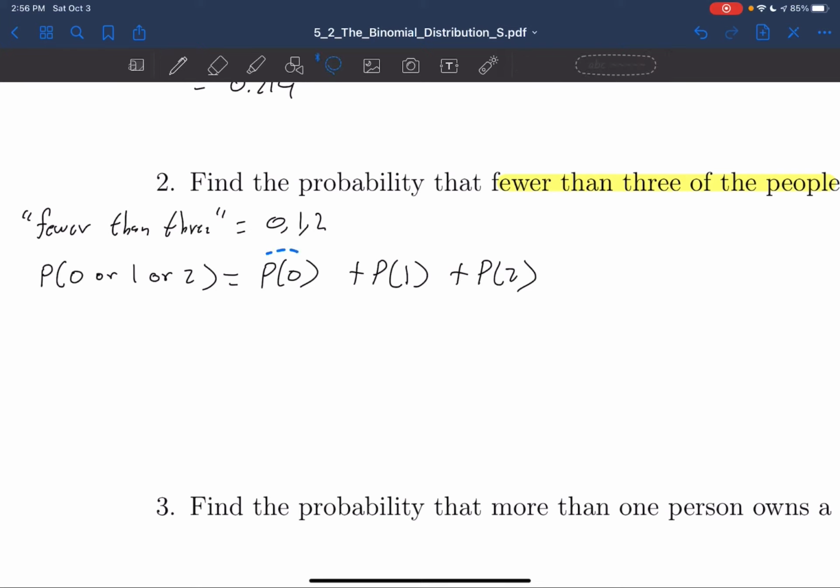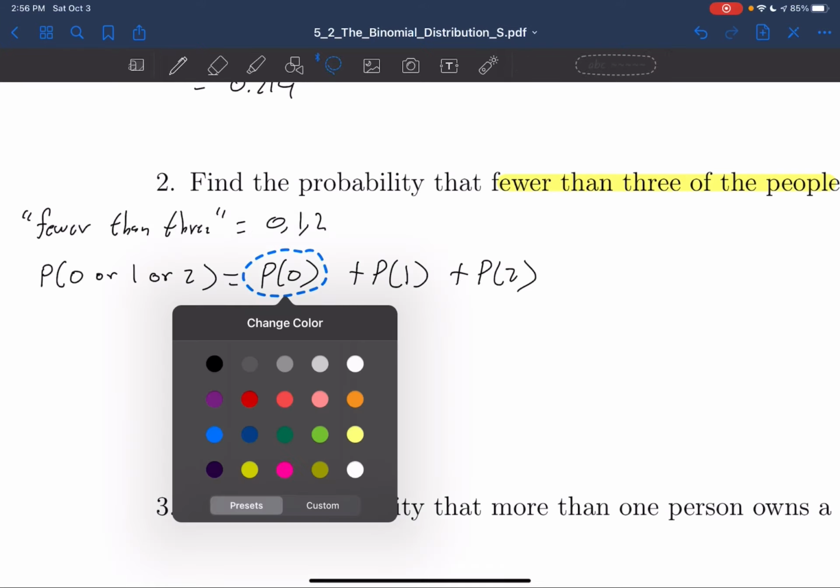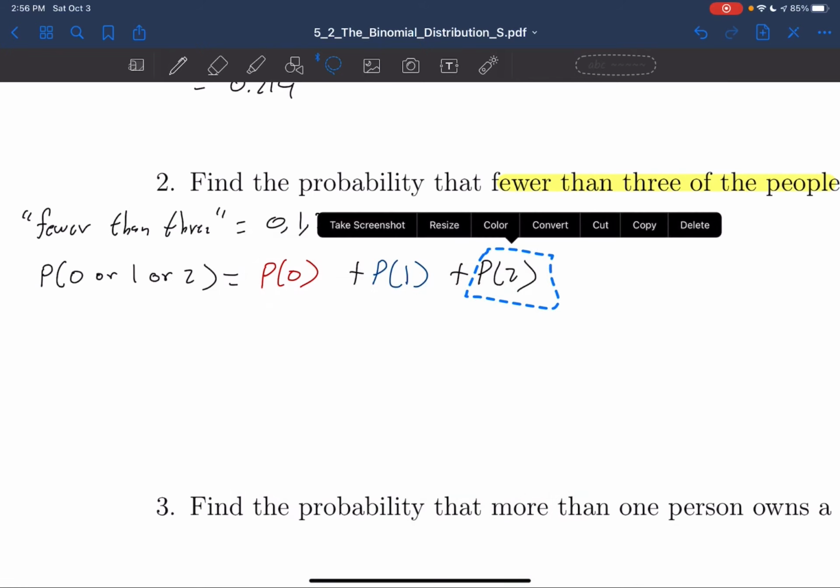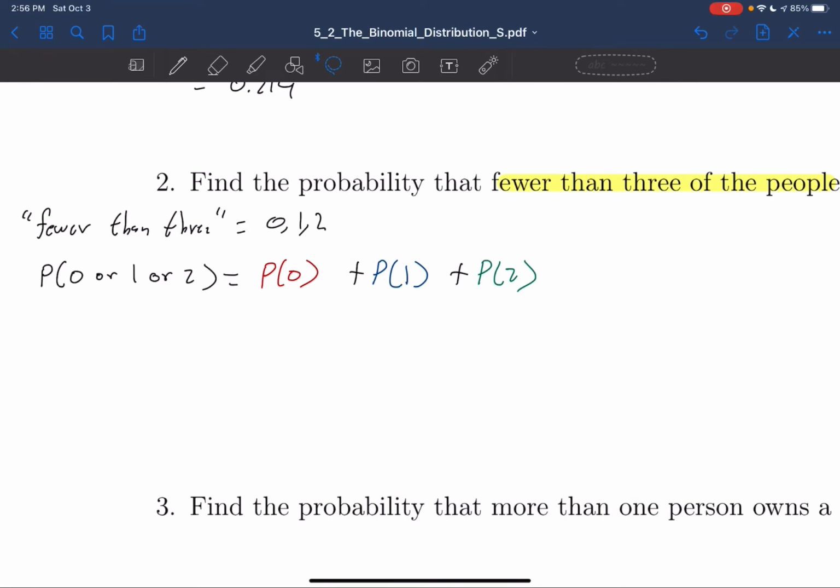And let me put this in different colors just to make it a little bit easier. So here we want to compute this.